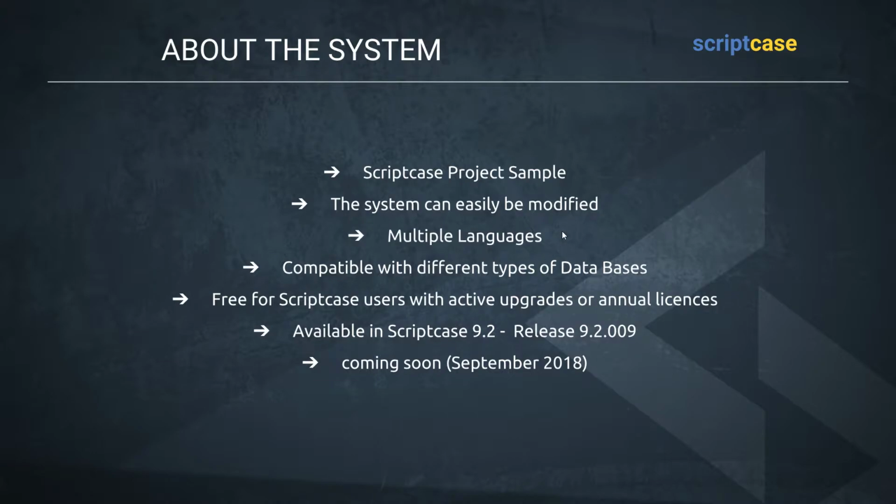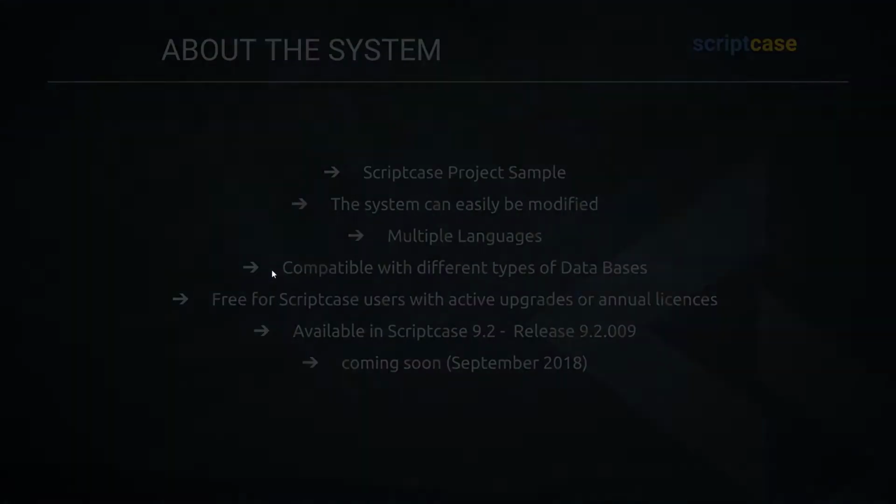It's compatible with different types of databases. It's free for all users without active upgrades and annual license. And it's available in Scriptcase from release 9.2 version 9, all right? And it's coming soon. I think next week it will be available for you to use and start to modify it, all right? So let's continue with the presentation.